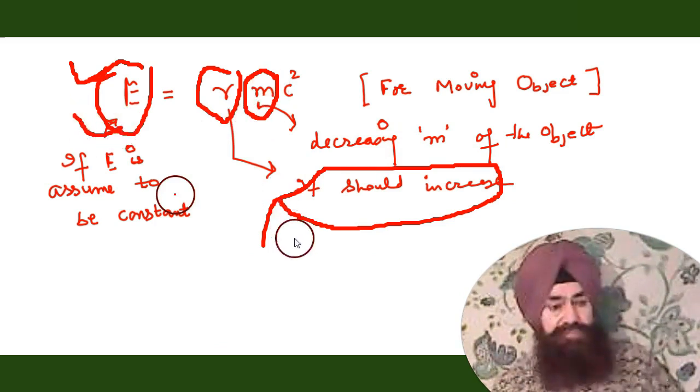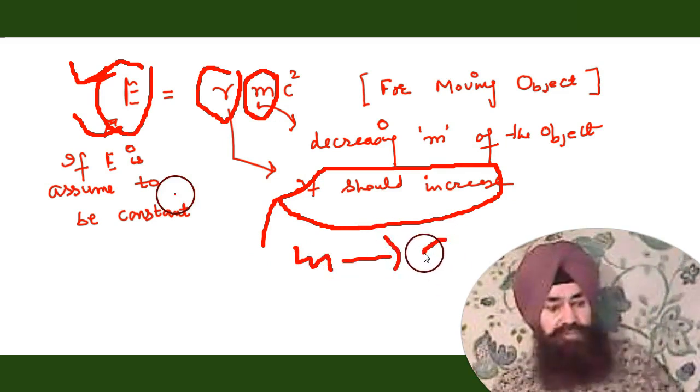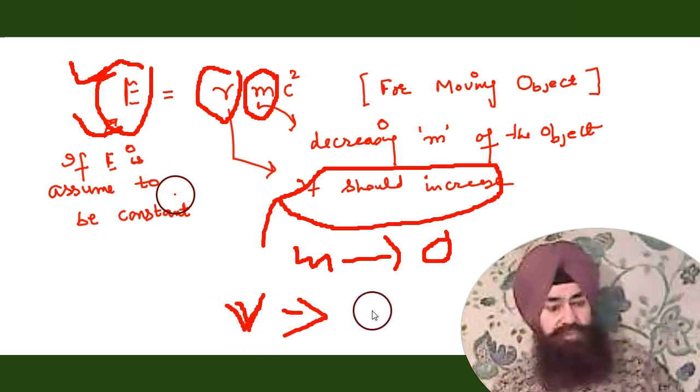Now think of a limit. When you make m smaller and smaller, so that m tends to 0, then for having the same energy, gamma should be higher and higher, and it should approach infinity. If you make the mass tend to 0, then the value of gamma should tend to infinity.